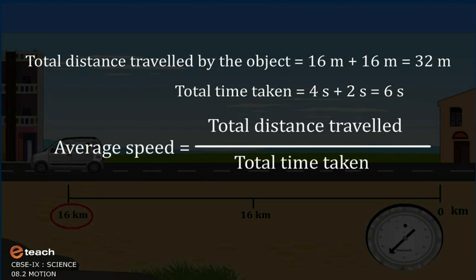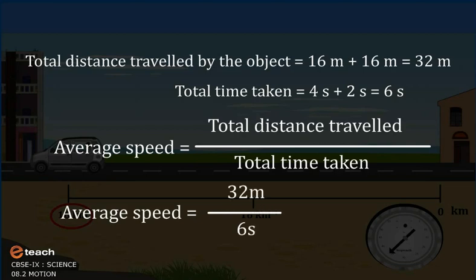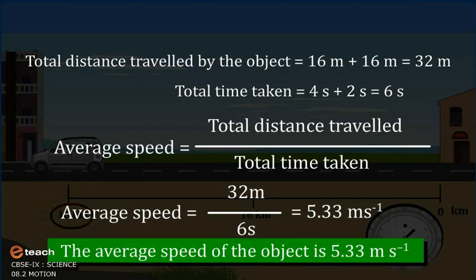That is equal to 32 meters divided by 6 seconds, which is equal to 5.33 meters per second. Therefore, the average speed of the object is 5.33 meters per second.